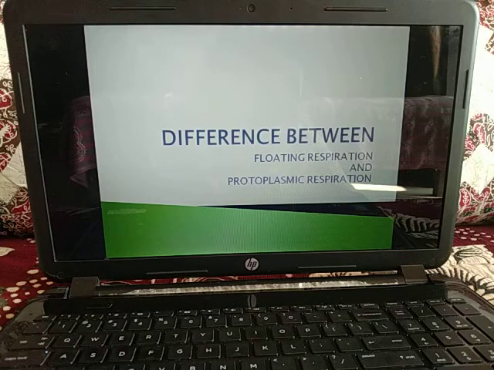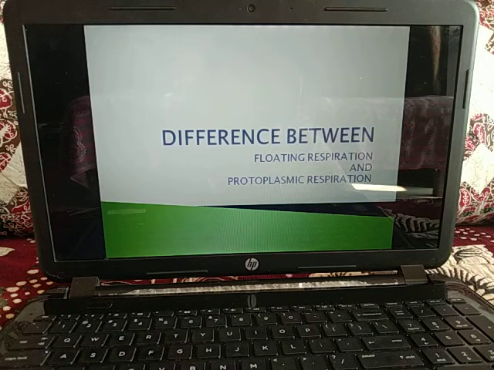In floating respiration the substrate is a storage material which is hydrolyzed for respiration. In protoplasmic respiration, the substrate, that is protein, is storage material only in some seeds; in others, it is part of the protoplasm. Floating respiration goes on indefinitely throughout the life of the cell.